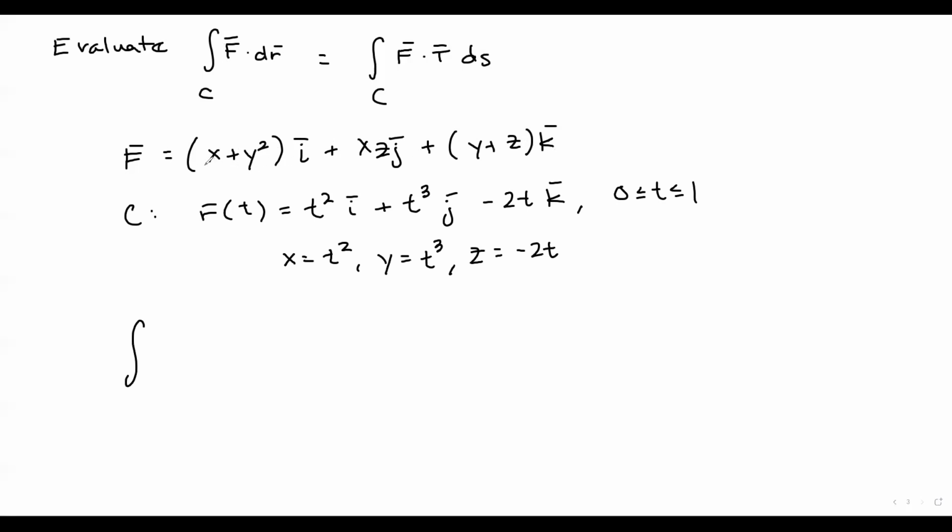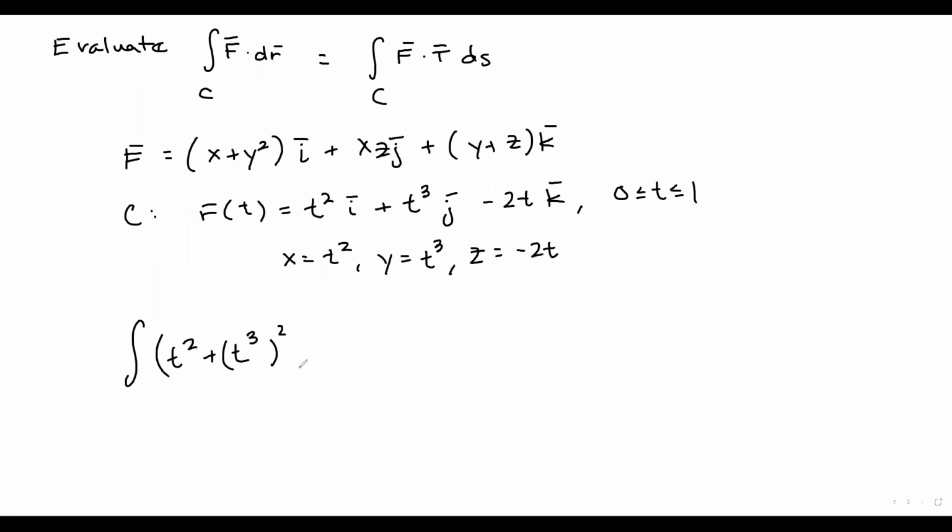To evaluate work integrals, we need to translate that into t's, and that's where this comes in. So we're going to have t squared: just take this and pop it where the x is, and then take the t cubed and put it where the y is. Then square it, since you're taking y, which is t cubed, and squaring it.